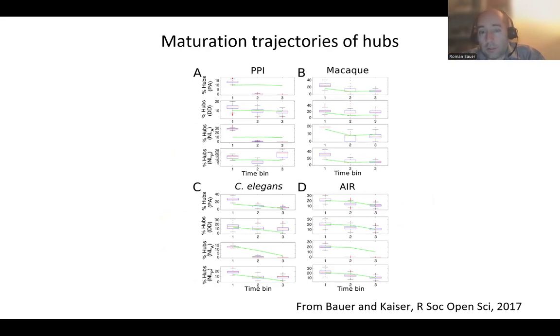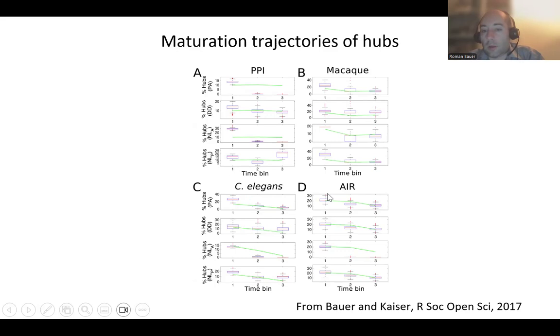But what we did here as well is that we looked into when during the maturation or the growth of the network certain nodes appeared. So for example, in the C. elegans, we know when which neurons develop. And so what we did is we categorized them into three different time epochs. You can call this time bins.